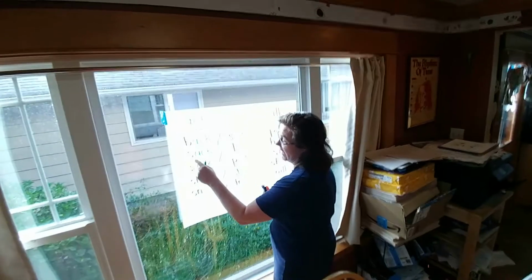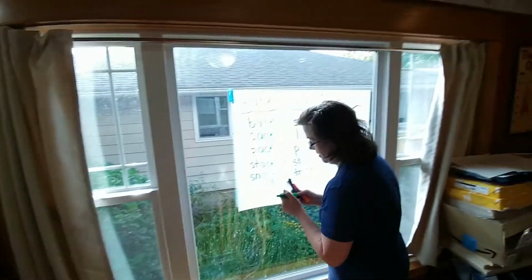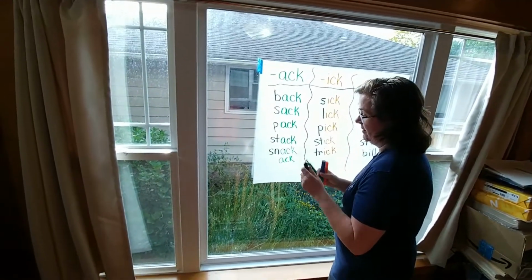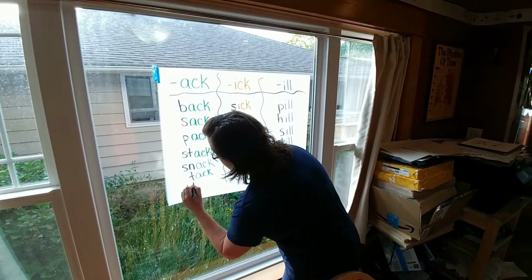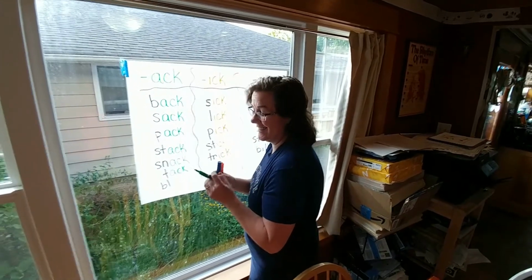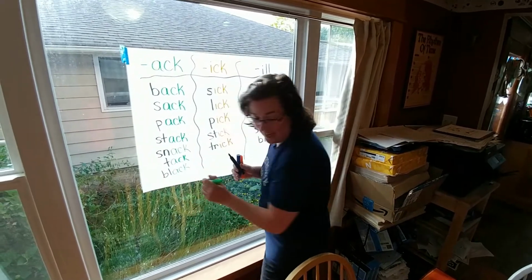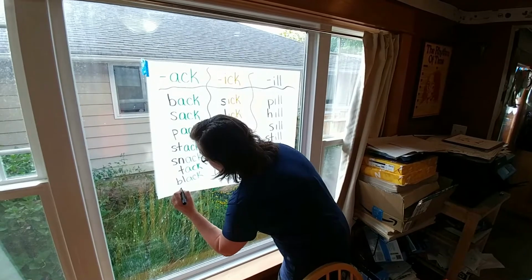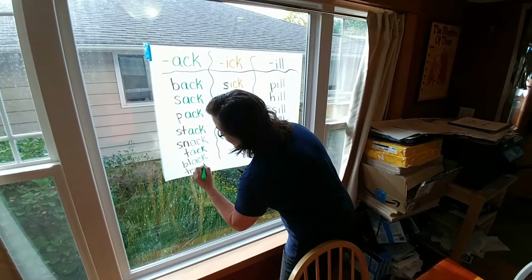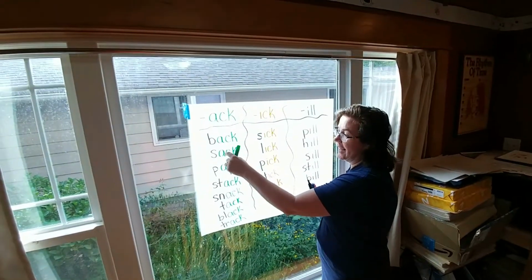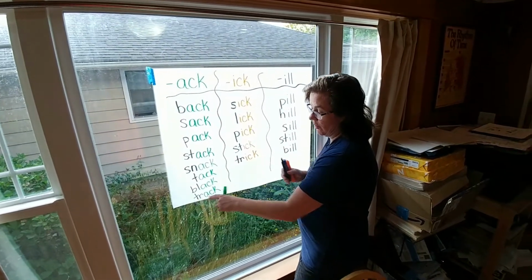We have back, sack, pack, stack, snack, tack, then we have black, color black. And we have the train track. So let's read these together. Read them with me. Let me hear you. Back, sack, pack, stack, snack, tack, black, track.